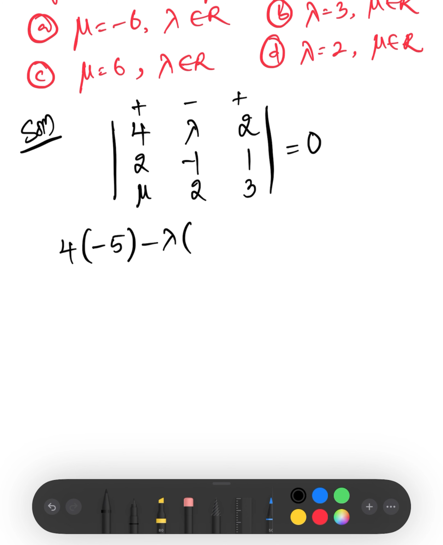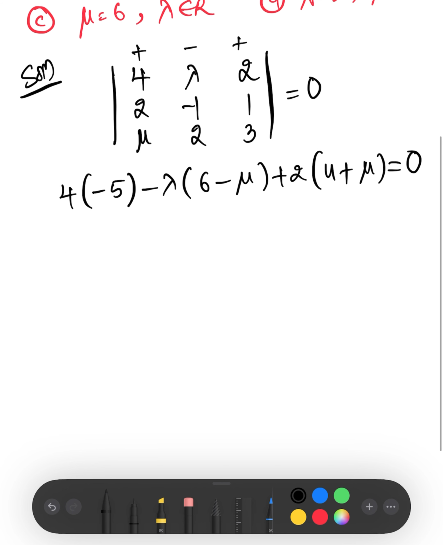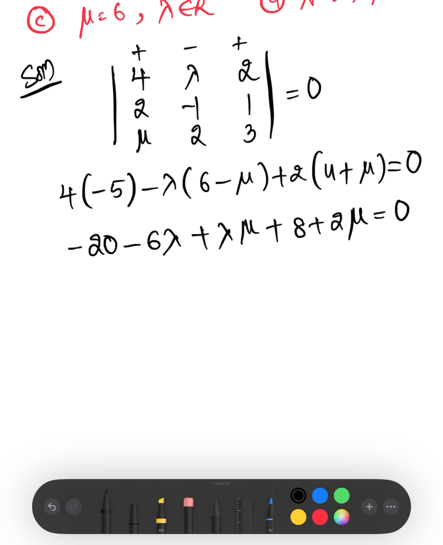Next minus lambda times of 6 minus mu, plus 2 times of 4 plus mu equal to 0. Then it is minus 20 minus 6 lambda plus lambda mu plus 8 plus 2 mu equal to 0.